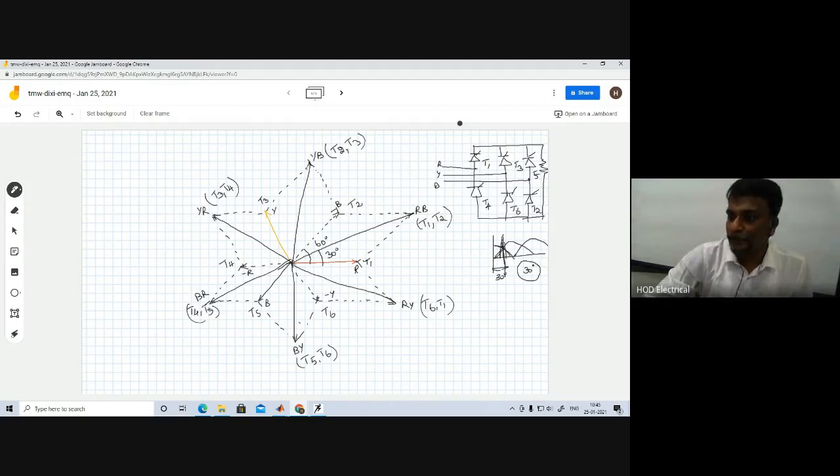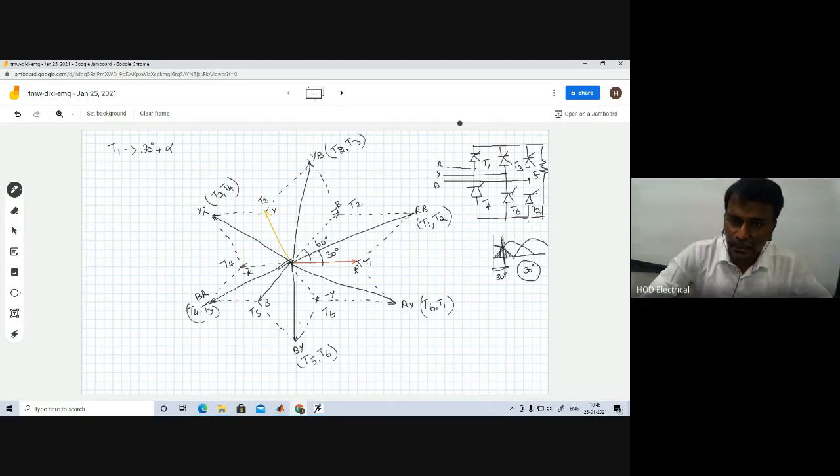Even though R phase is positive here, after 30 degree only line voltage can be more positive. So accordingly, for T1, we have to give the firing pulse at 30 degree plus alpha. Alpha, whatever it may be from 0 to 180 degree, you can give T1.